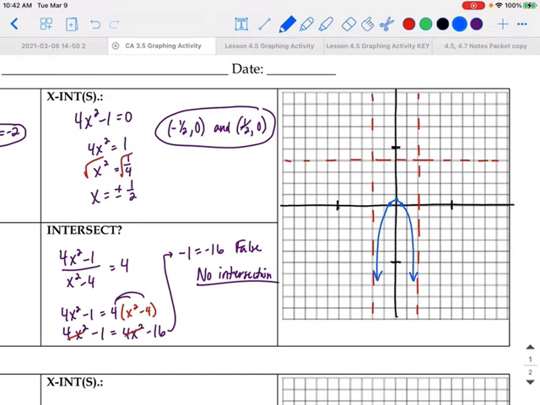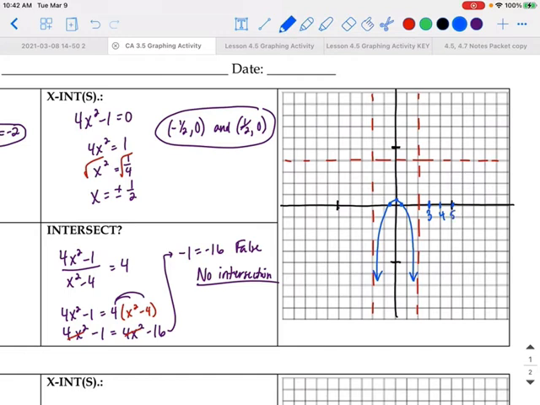Okay, now I need to figure out what's happening with my graph on the left side and the right side. So let's start over here on the right side. I have no clue if my graph is going to be up here or if it's going to be down here. So I kind of need to discover where it is. I'm going to do that by just plugging in values for x. So I could plug in 3, or I could plug in 4 or 5.